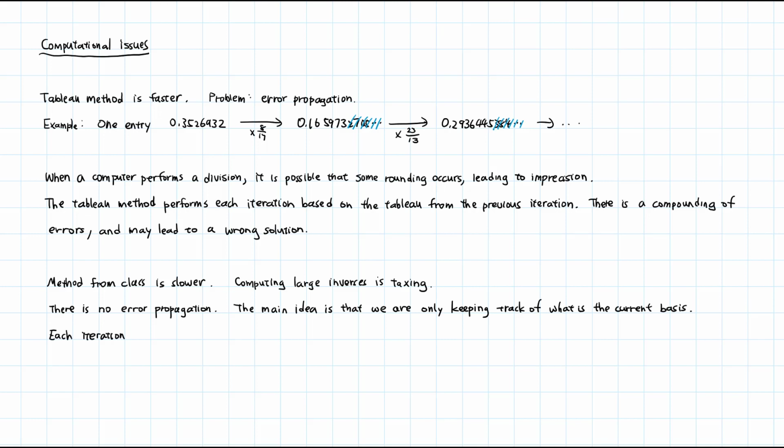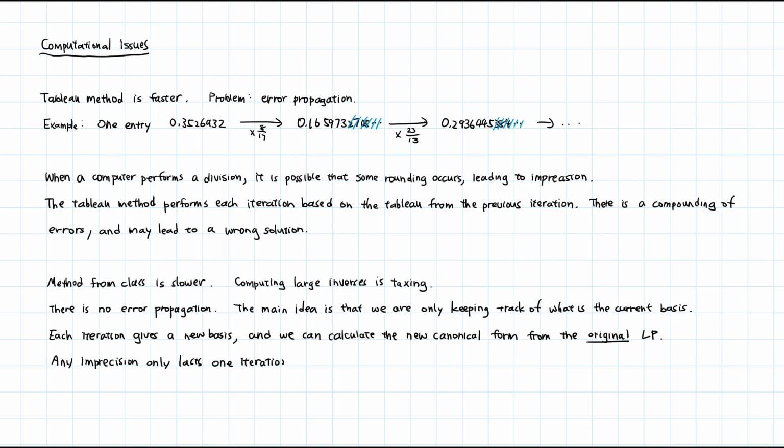Each iteration gives a new basis, and we can calculate the new canonical form from the original LP. So any imprecision only lasts one iteration. The errors do not carry over from iteration to iteration. So there are pros and cons to each of the two methods we have for simplex.